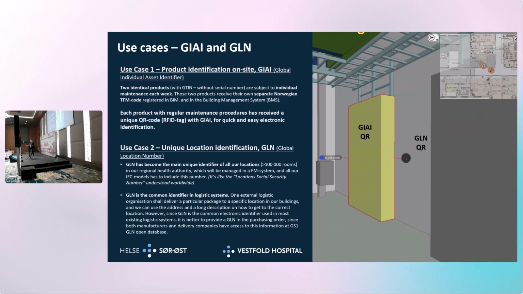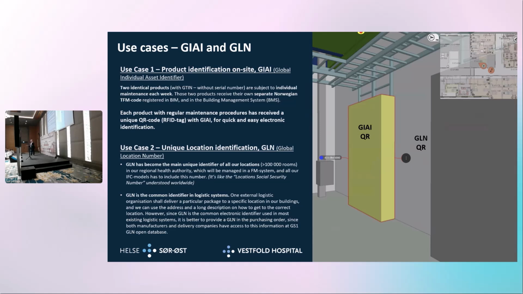To have several products with the same GTIN, we need to separate them when we are doing maintenance. And you can do that by using SGTIN. And we have tried, but it's difficult to change the industry as fast as we would like to.